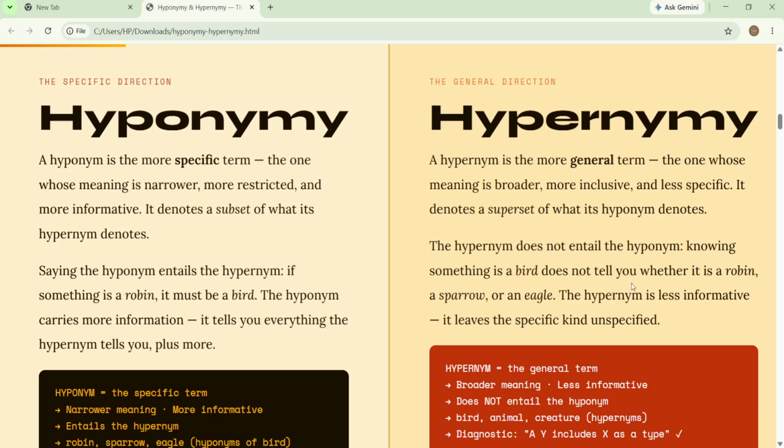The hypernym does not entail the hyponym. Knowing something is a bird does not tell you whether it is a robin, a sparrow, or an eagle. So the hyponym gives us all the information about the hypernym, but the hypernym does not give us information about the hyponym. So the hypernym is less informative. It leaves the specific kind unspecified.